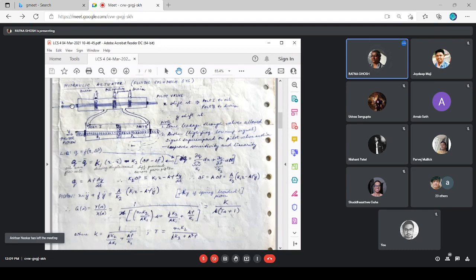Right? Yes, ma'am. And what else? It also depends on the pressure differential between these two ports, P1 minus P2. So this P1 minus P2 is denoted as delta P. So these are the two factors. One is how much this one is moved and what is the pressure differential between these two.